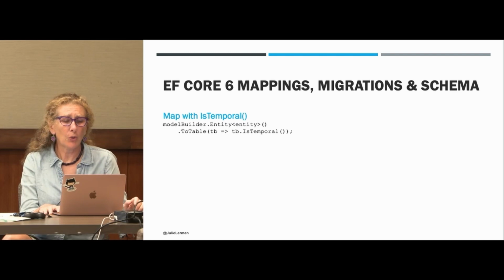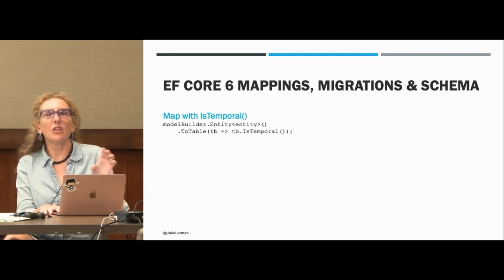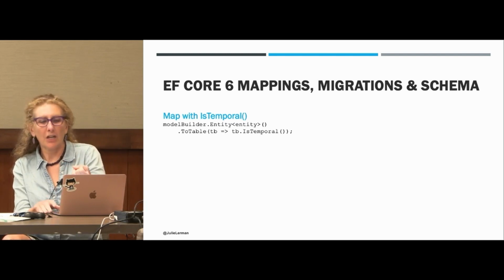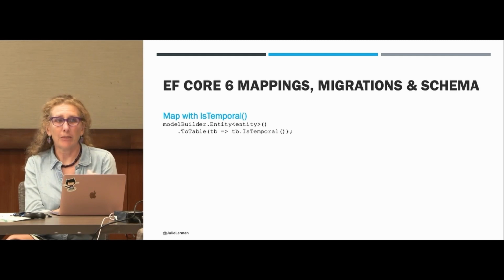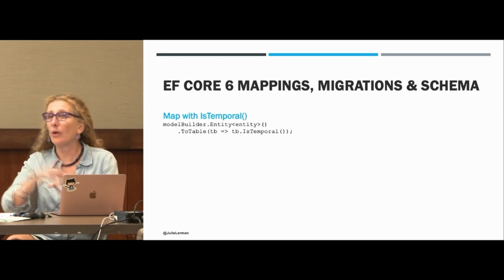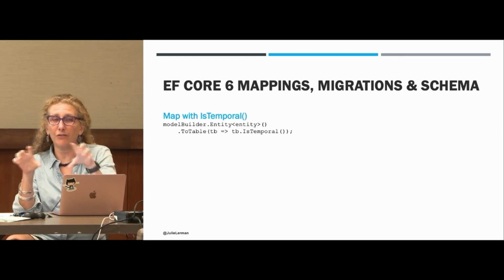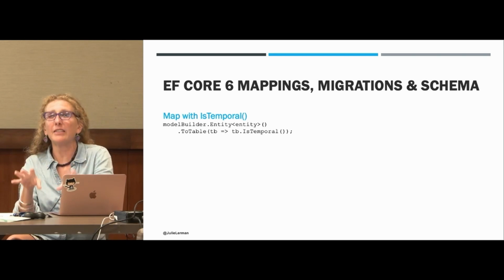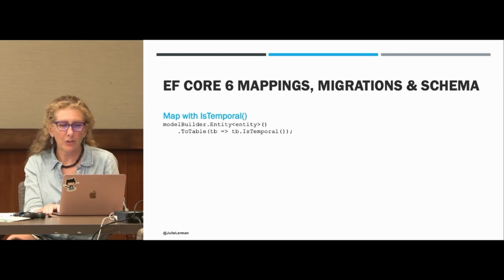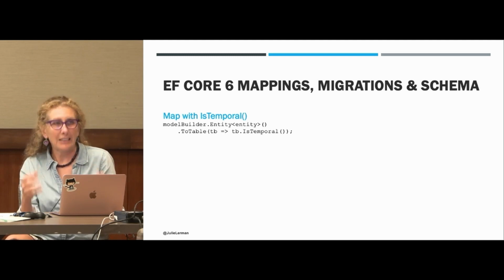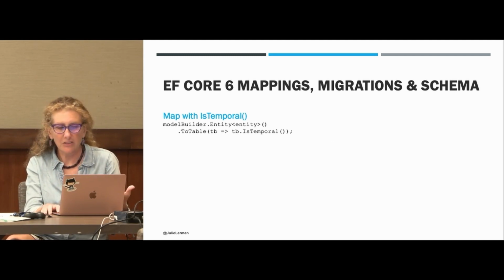Really cool. So EF Core 6 lets you specify that you want temporal tables, so it's just a mapping. You don't have to do all that work of specifically designing the tables with a history table. All you have to do is, in the ToTable method, say it is temporal. That's it.